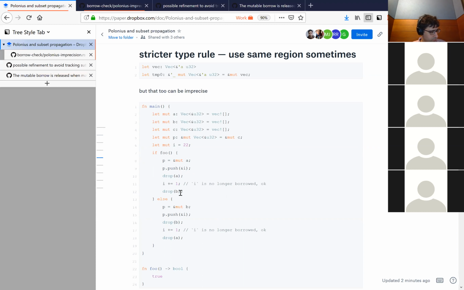So it can add more loans to the set of loans for the provenance of P. And that happens in each branch, but at the end of each branch, we try to unify the information we have to get a conservative bound on what's allowed in the remainder of the program. But because we drop both A and B before the end of each branch, it knows that it doesn't need to unify those pieces of information.